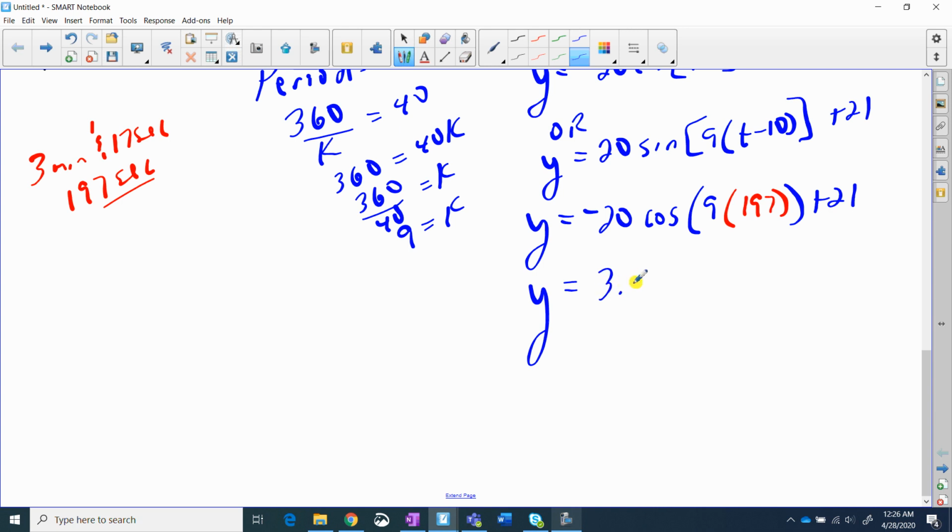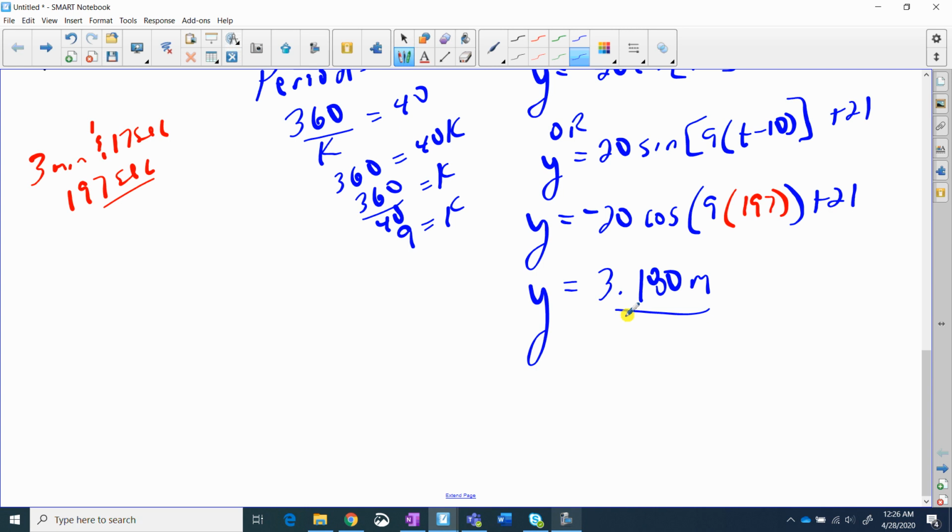Now remember the rule, if they do not go evenly, we are going to carry 3 decimal places. It is 3.1798, so it's going to round off to 3.180. That would be a height above the ground in meters.